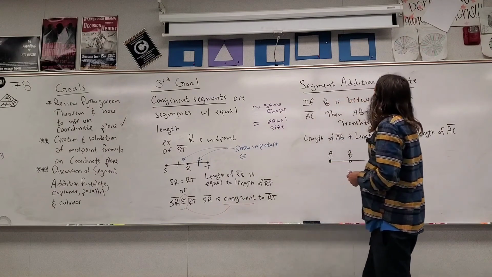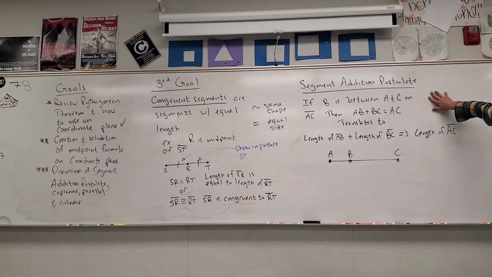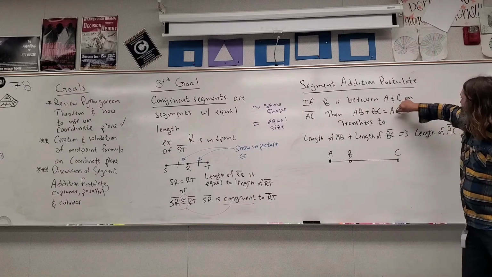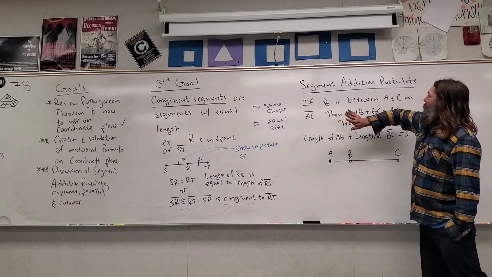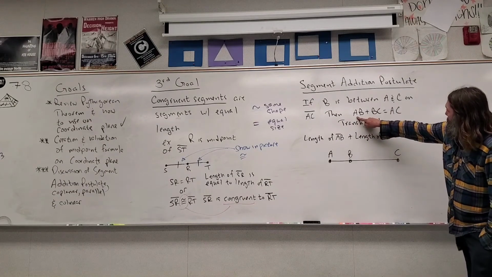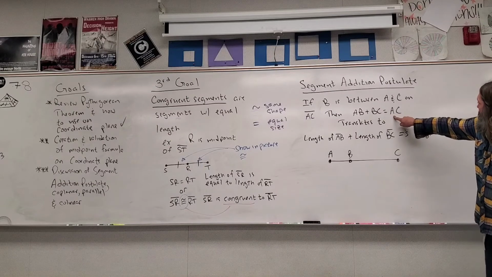Okay. So let's move on to the last part of this lesson, and it's the segment addition postulate. If point B is between point A and C on segment AC, then I'm going to translate this as I read it. The length of segment AB plus the length of segment BC is equal to the length of segment AC.